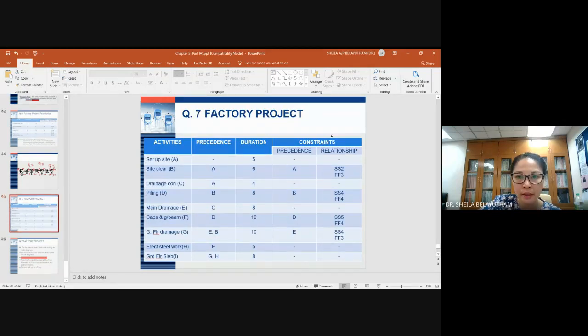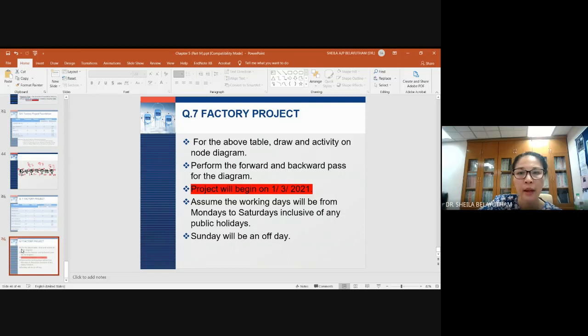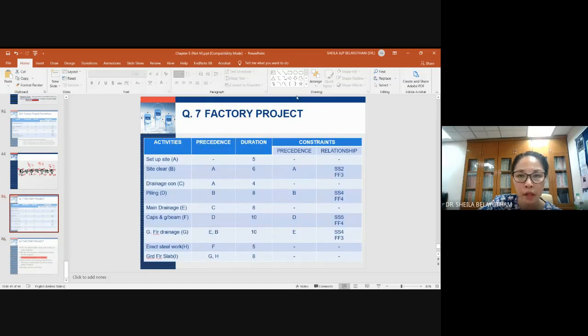But at this moment, what I need you to do on your own is basically to create this diagram. The notes you can get from the folder under my name, in UFuture, project planning number 4. Go through this, create a network diagram based on the relationships and activities given here, calculate the forward pass, calculate the backward pass, calculate the total float, and calculate the free float for each of the activities.